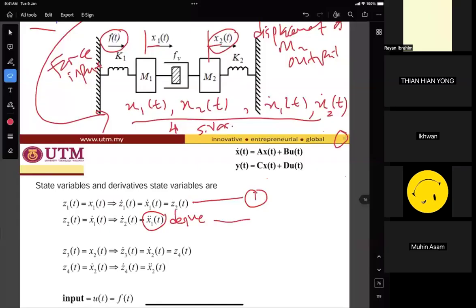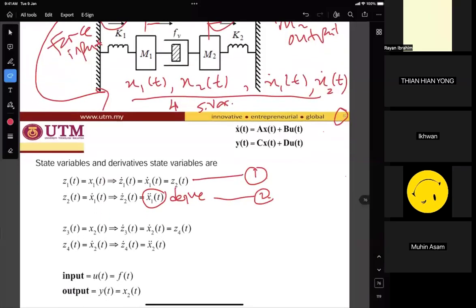Equation number 2. z3 is equal to x2. z3 dot is equal to x2 dot, equal to z4, the second state equation. And z4 is equal to x2 dot, z4 dot is equal to x2 double dot, which you have to derive from the free body diagram.